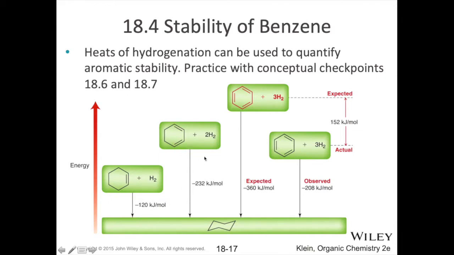You expect it to roughly double, and in the case of benzene, you'd hope it would actually triple, but instead it's actually 152 kilojoules per mole less than you would expect. So that difference in energy gives you an idea of the increased stability of that aromatic system.